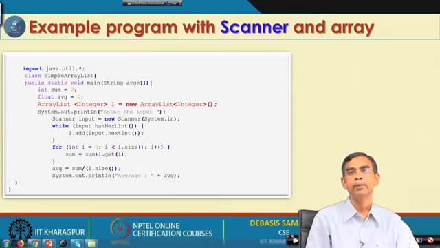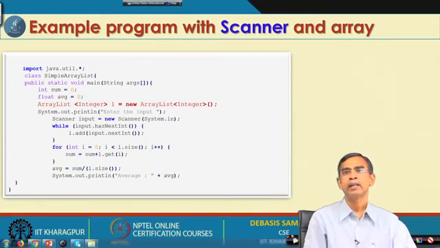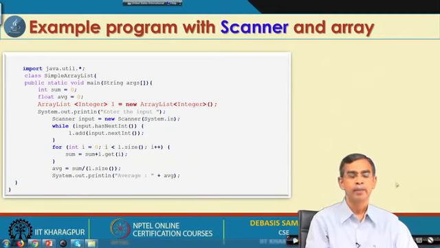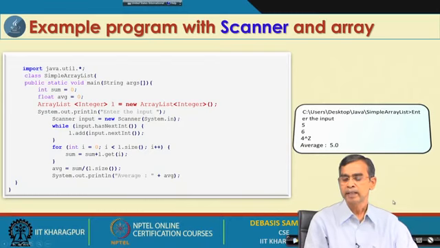So, this is an example that shows how a set of numbers can be read from the keyboard, stored in an array, and then the array can be used to process something. For example, here we calculate the average. Now, let us see how it gives the output if you run this program. It is like this.